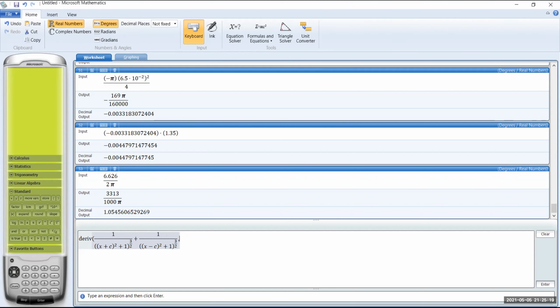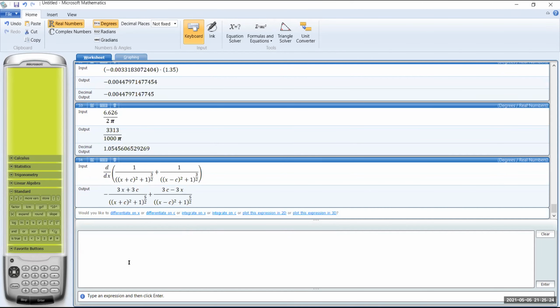I need the derivative, the variable I want to take the derivative with respect to. Okay, so this is a derivative.